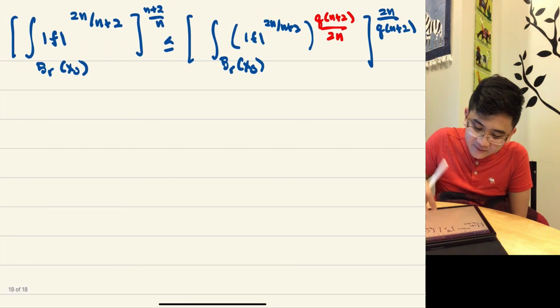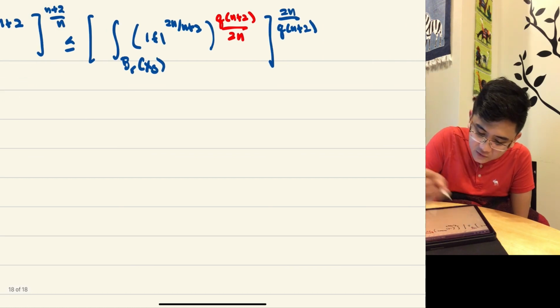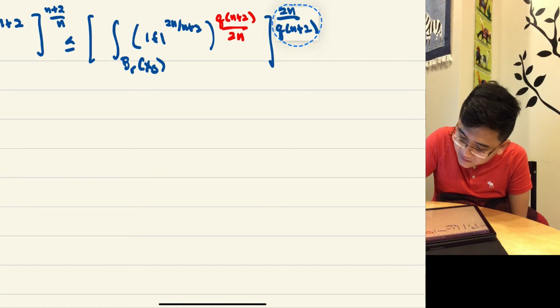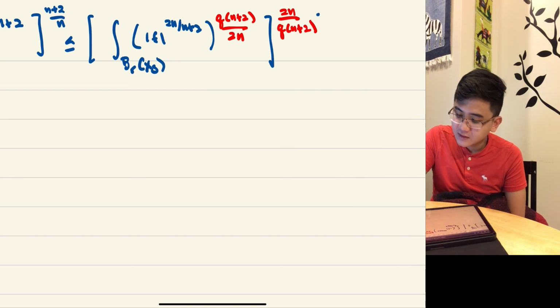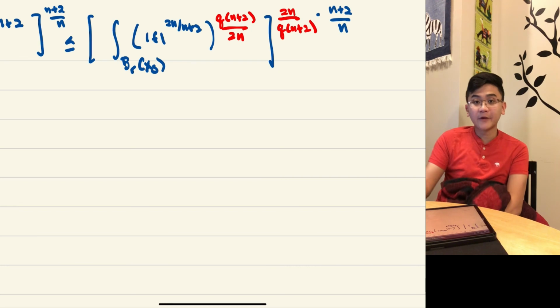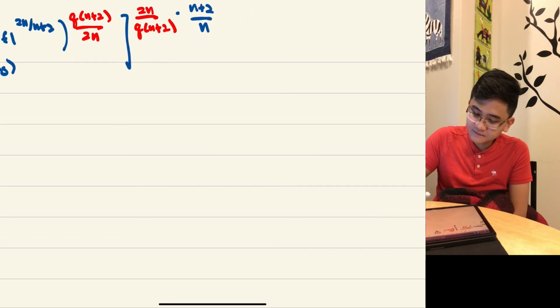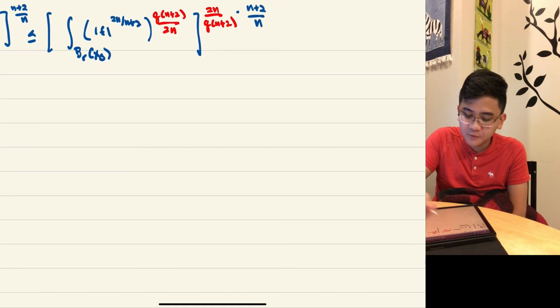And remember that this term is raised to this power, so we need to include that as well. Let's make this red because that's the new term. Multiplied by (m plus 2) over n. Okay. Multiplied by 1, so you just have 1 raised to the conjugate of this one, so that's just 1.